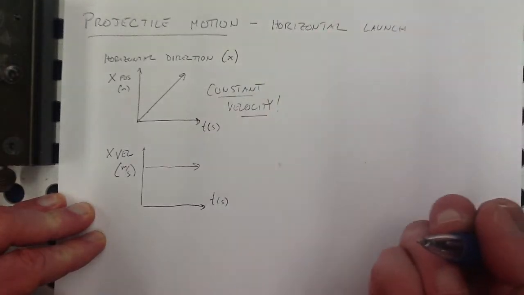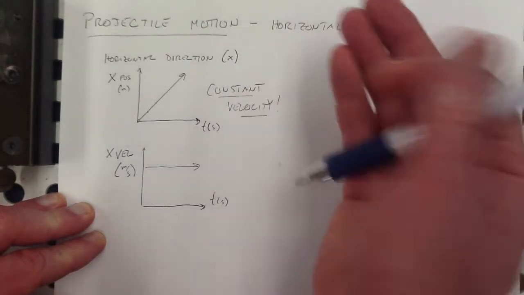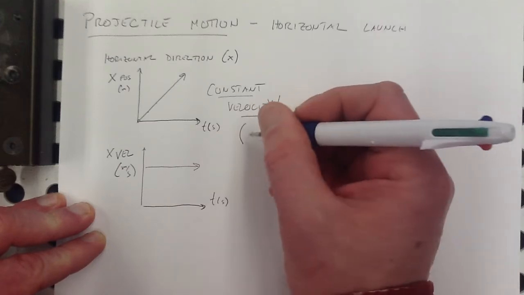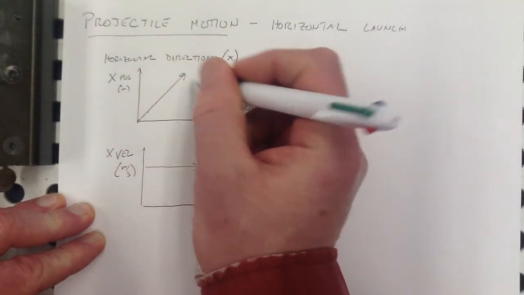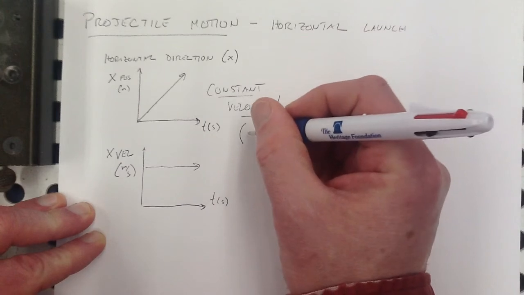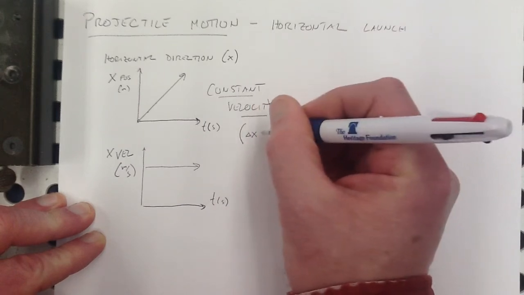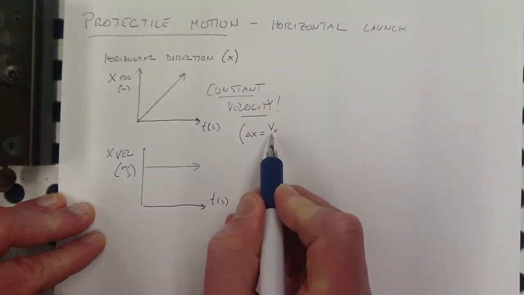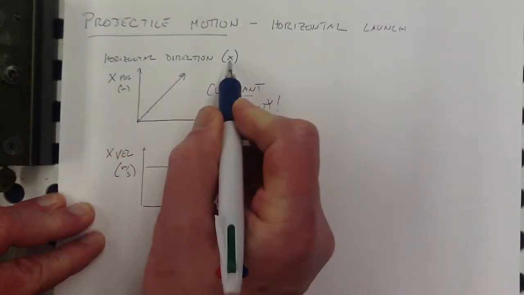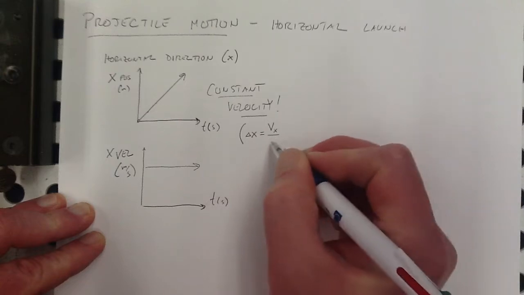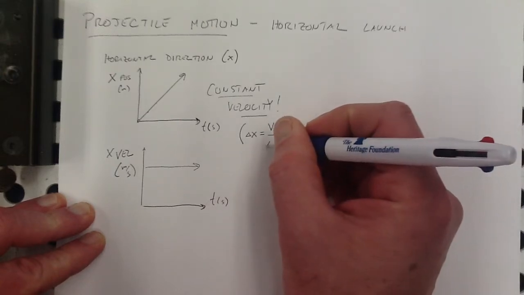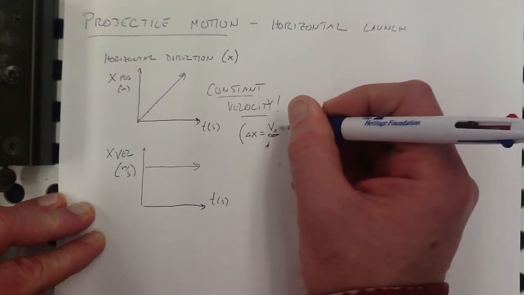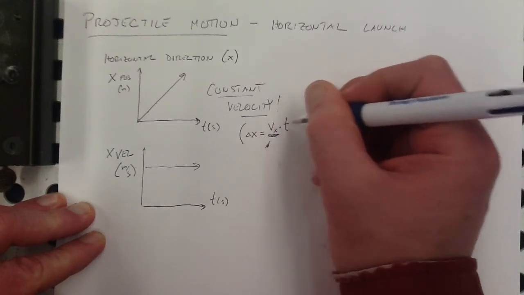And when we have constant velocity, remember, what equations do we have? If you think about what the equation for this line would be, we have displacement is equal to the horizontal velocity, which I'm going to call Vx to make sure I understand that I'm talking about this x direction, times time.